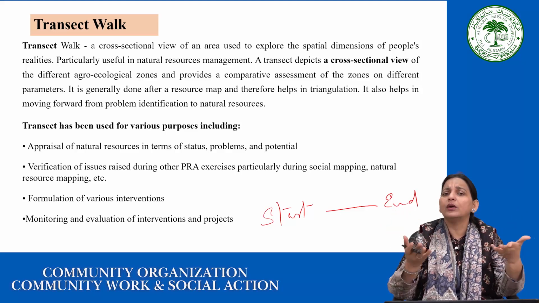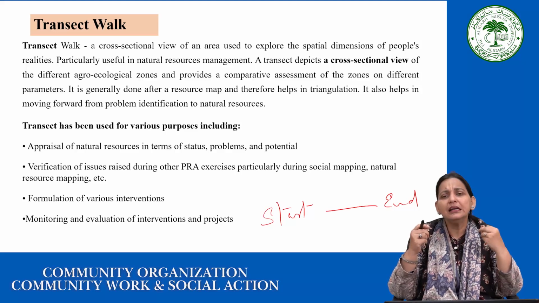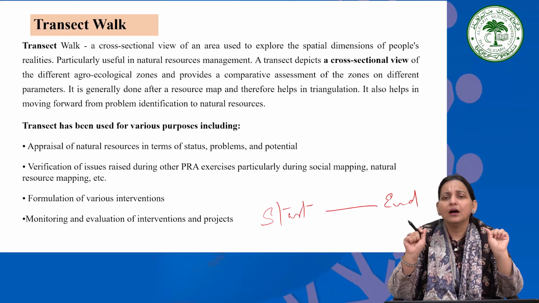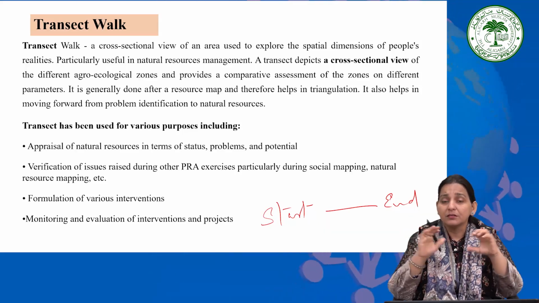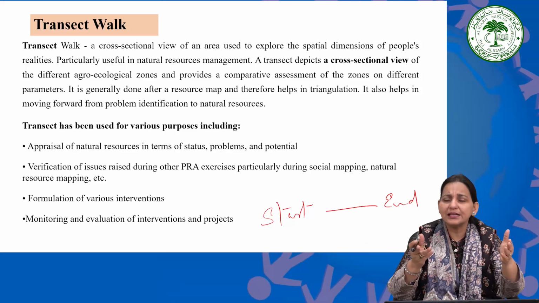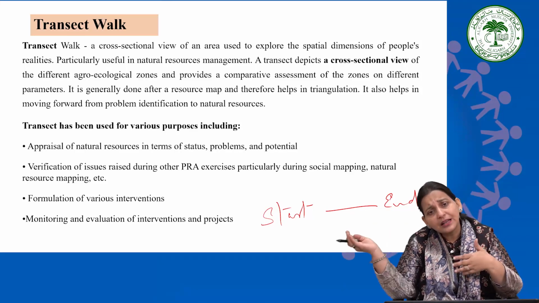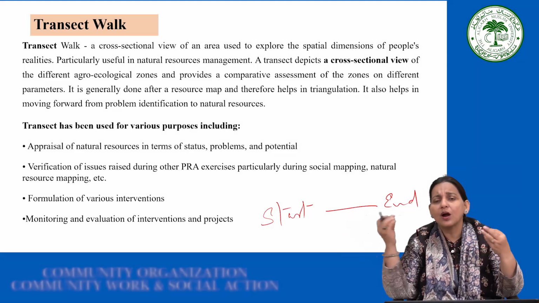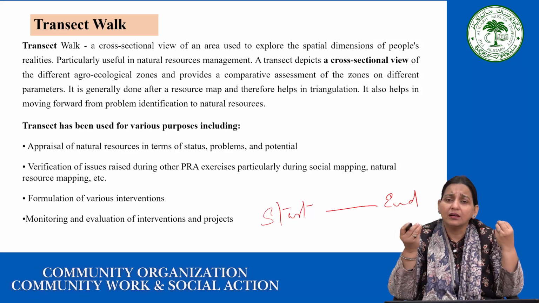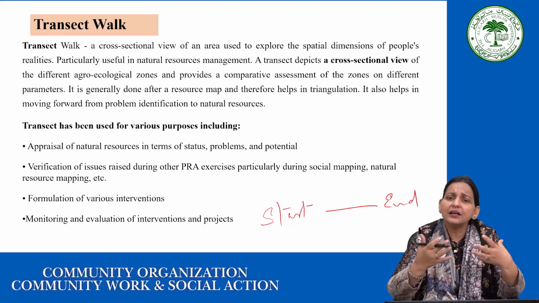You cannot decide the path alone; rather you take a group of community members and decide together the path to follow, to develop a good transect walk and get an idea about that community, mainly about the natural resources, the type of soil, topography and all. It additionally gives you an idea of the natural resources of the community, and even the way the community lives.